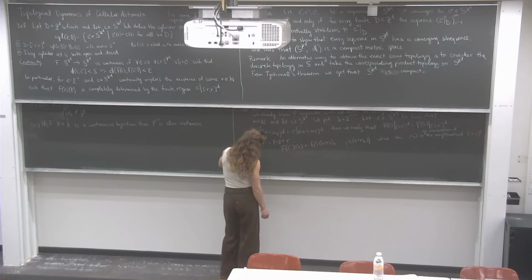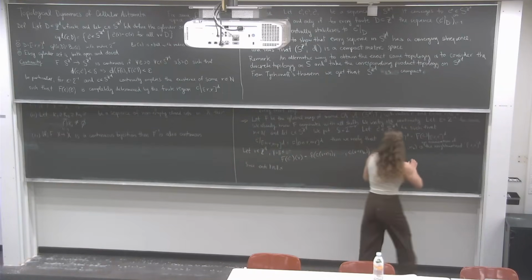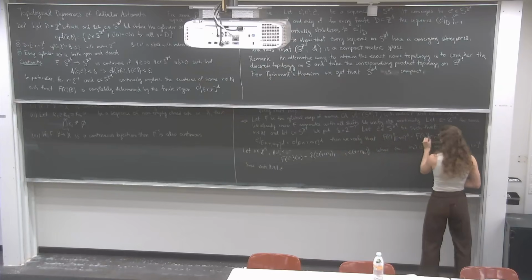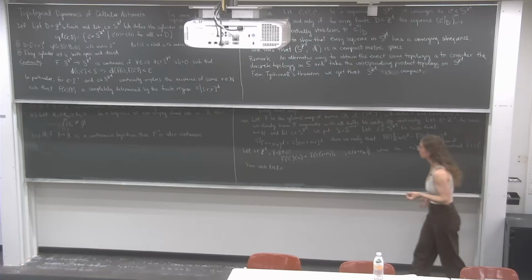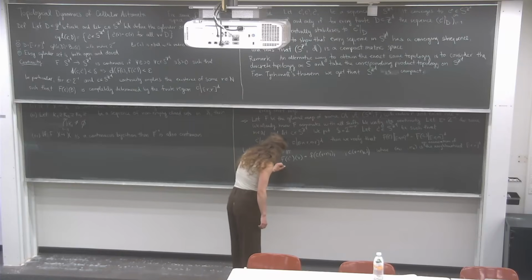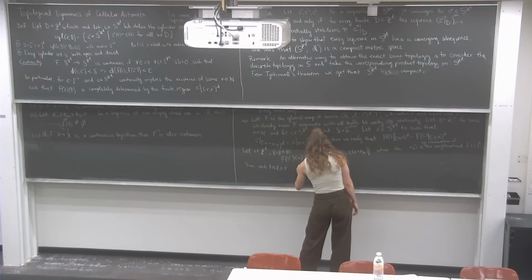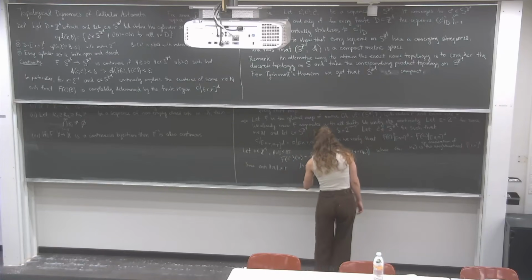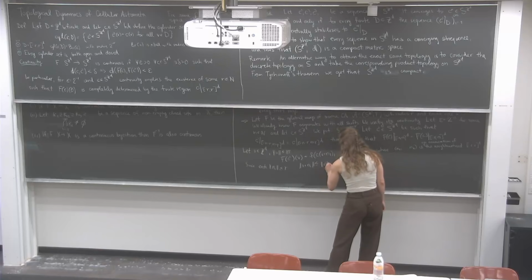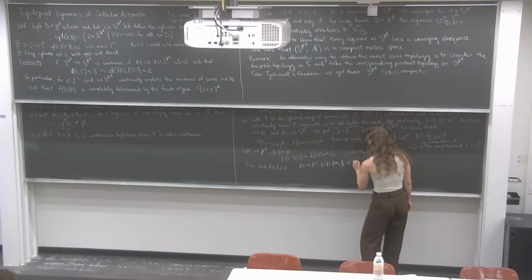And now, since each ni has a norm at most r, there should be n's, right? We should take this vector with norm smaller or equal to n. Now this vector has a norm smaller or equal to r, so the norm of v plus ni is less or equal to the norm of v plus the norm of ni, which is less or equal to n plus r.